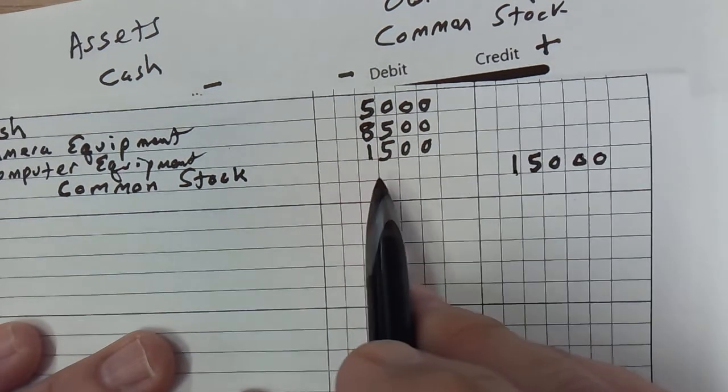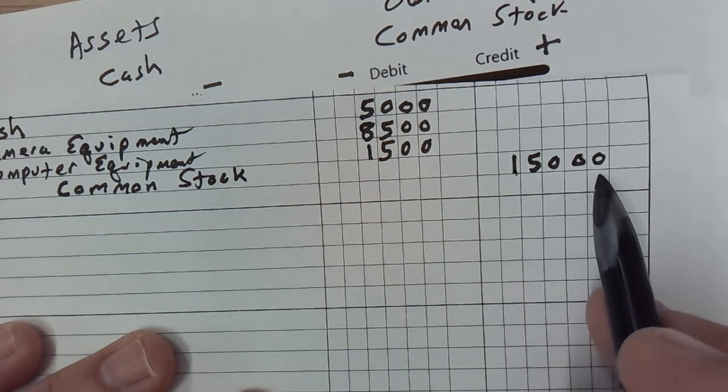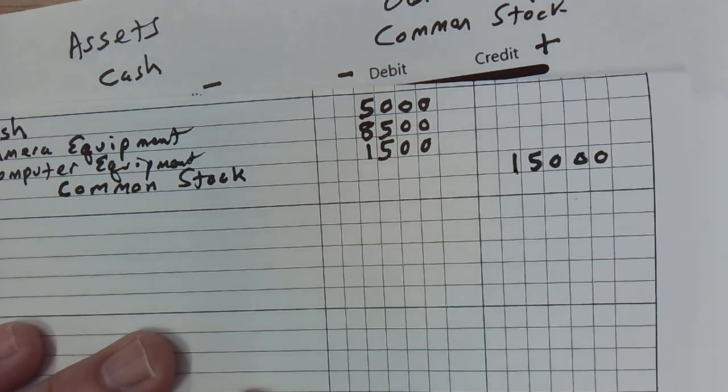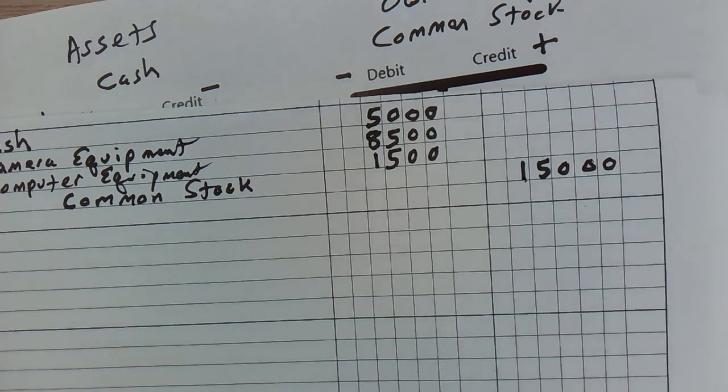If you were to add these up, you'll know that it's $15,000. So that's $15,000 worth of debits, and we have $15,000 worth of credits. Our transaction now balances. So we can rest assured that it is correct. That is how you would account for the opening or the start of a company.